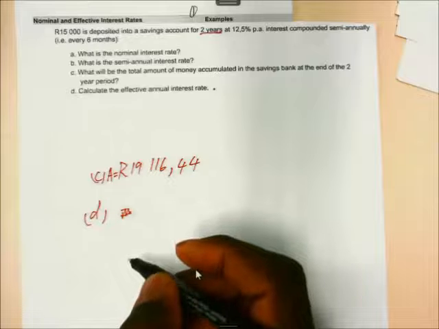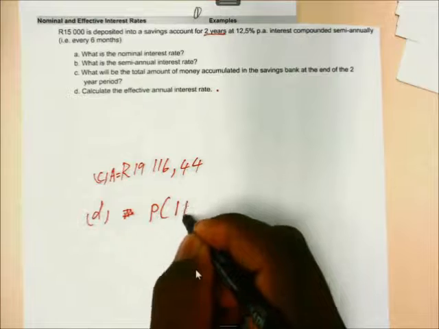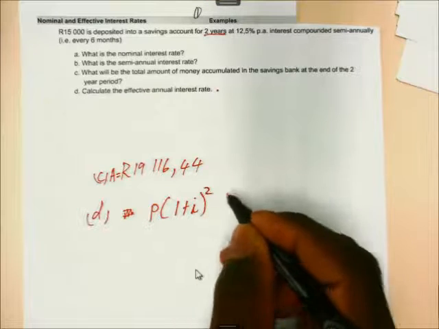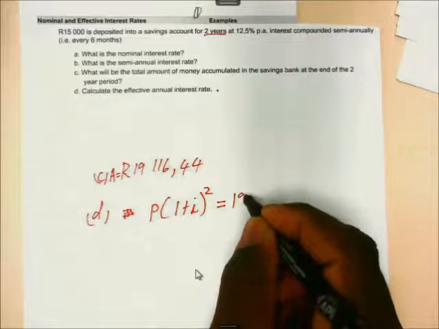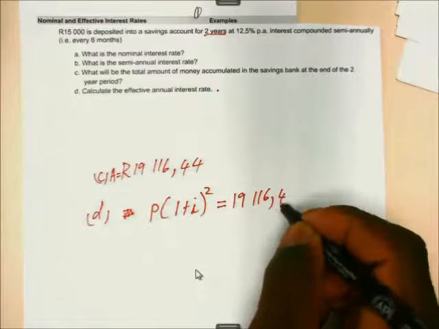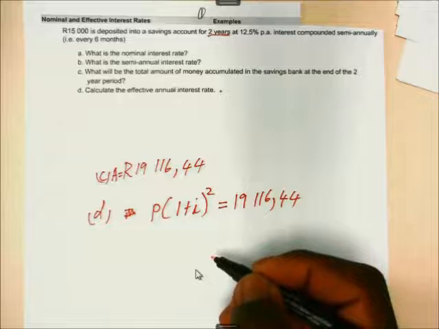That is I here. We're going to have P into 1 plus I all squared equals 19,116.44 cents. Okay, and then what is the next thing?